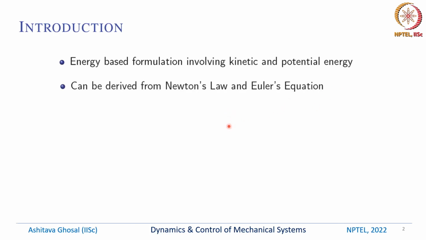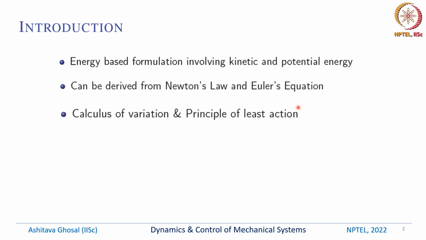We can derive the Lagrangian formulation from Newton's law and Euler's equation. This involves advanced calculus of variation and something called the principle of least action. We will not prove how to derive the Lagrangian formulation from Newton's law and Euler's equation.